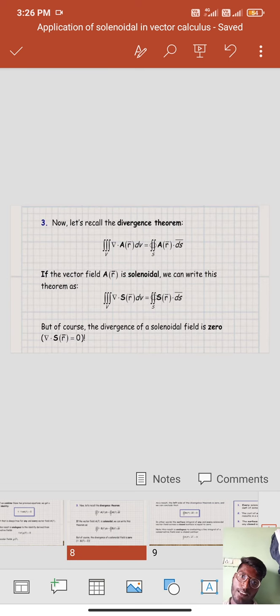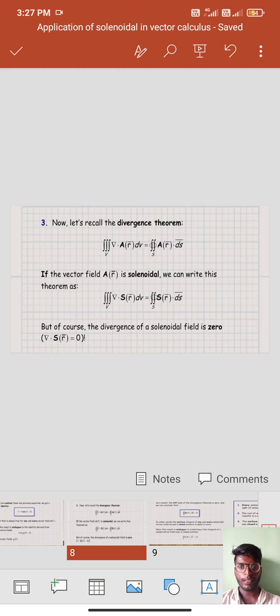Now let's recall the divergence theorem. The triple integral of del dot A dV equals the double integral over S of A dot dS.